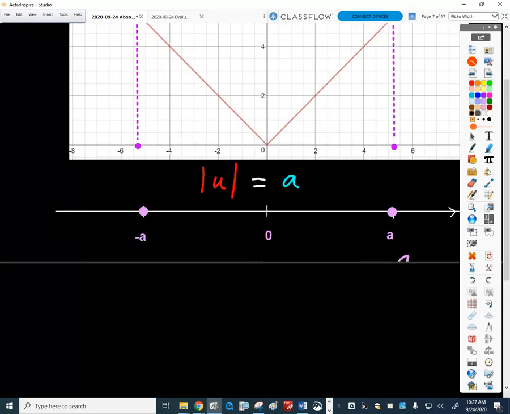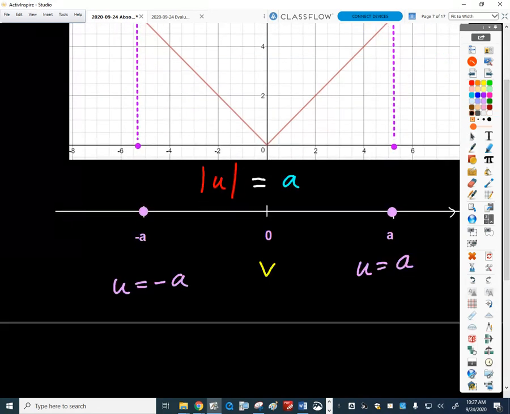So that turns into U equals -A or U equals A, okay? And that's always going to be true. That's something we know in math, that if the absolute value of U equals A, then either U equals -A or U equals +A. Those are always going to be the solutions. Whatever's inside the absolute value either equals the negative number or it equals the positive number, okay?